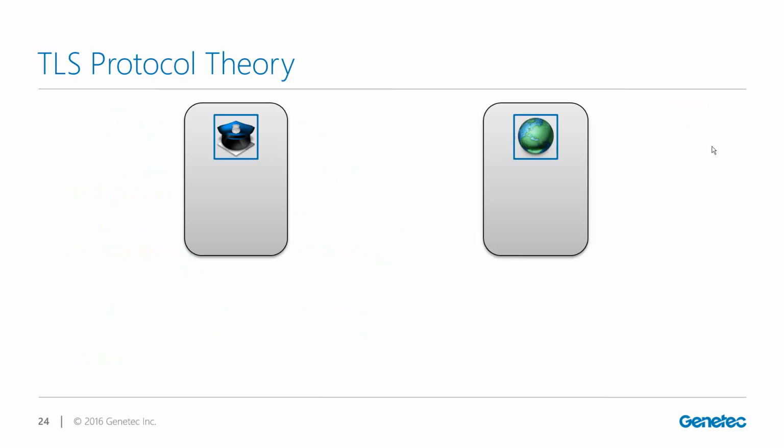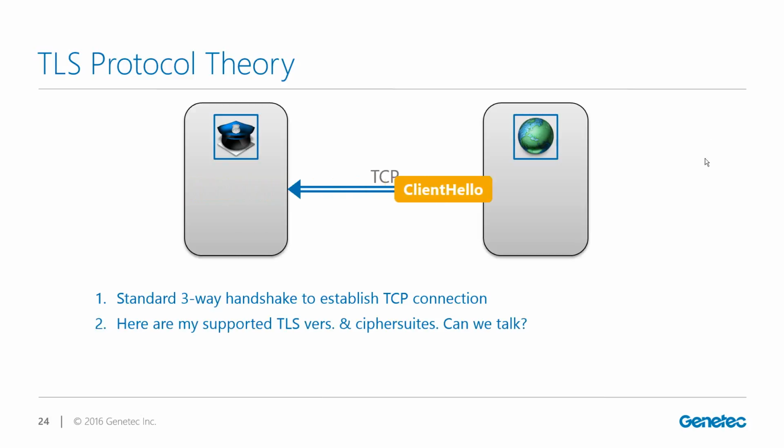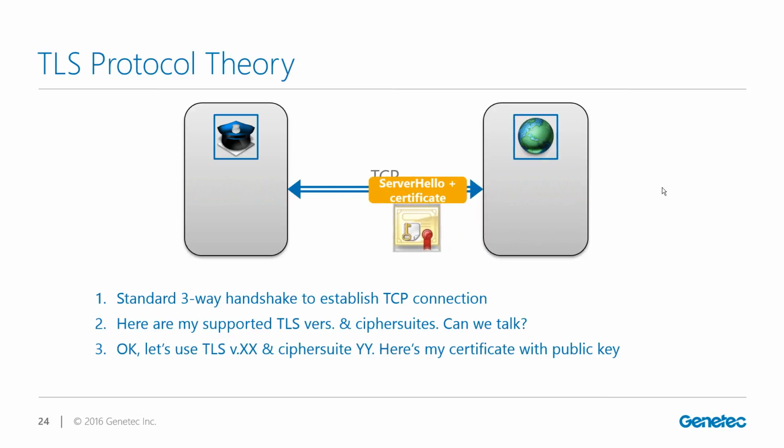Taking a look at this a little more graphically in terms of the information being sent. So this is our TCP three-way handshake going on here, and we've established the TCP connection. And then we have the client sending over the TLS versions and its cipher suites, basically the hello that it's sending. The directory is responding saying, okay, we want to use this TLS version, we want to use this cipher suite, and here's the certificate with my public key.